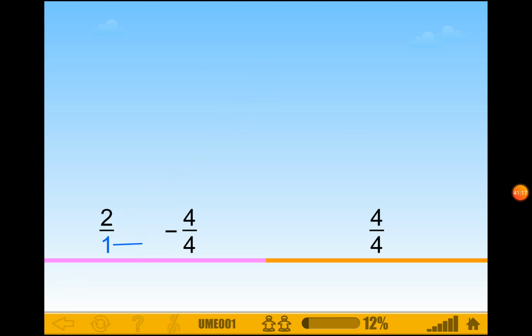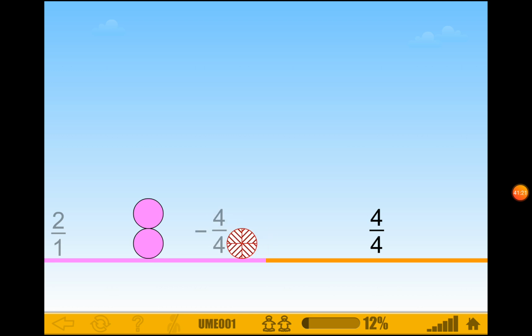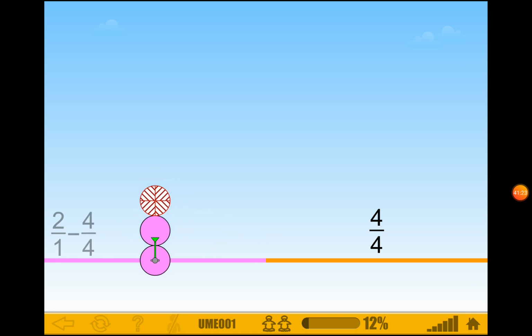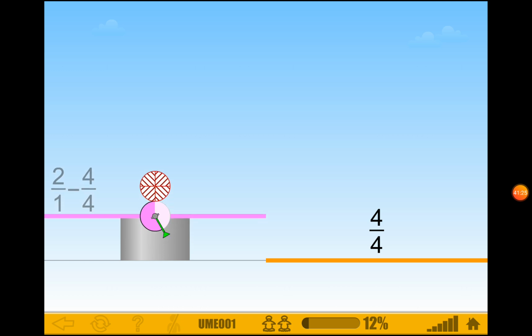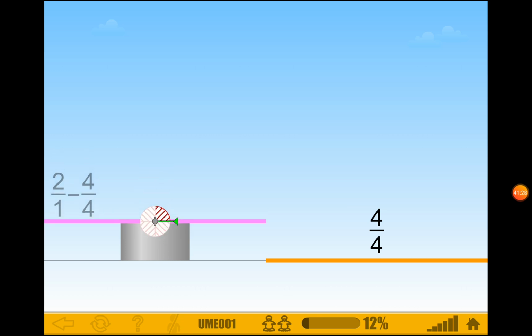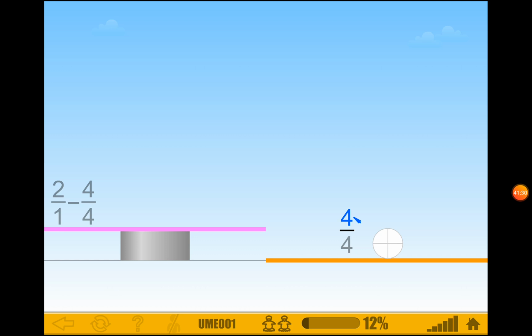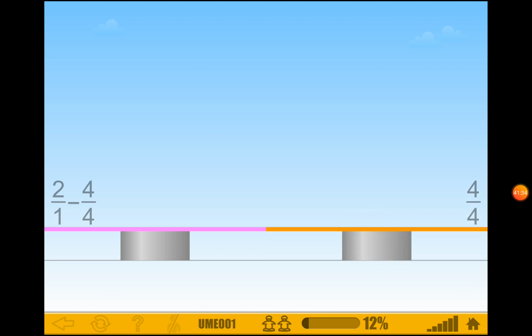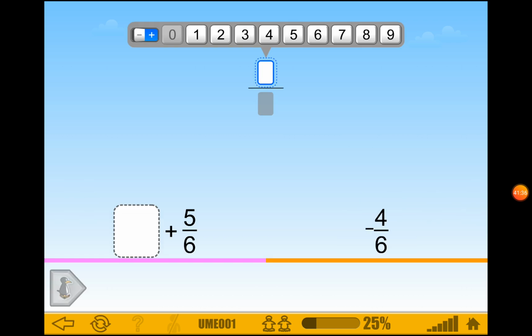If you think I'm wrong, you're not thinking. See, I'm correct. I know what I'm doing. Because negative 2 over negative 1 is equivalent to 2. So then 2 minus 1 is 1.